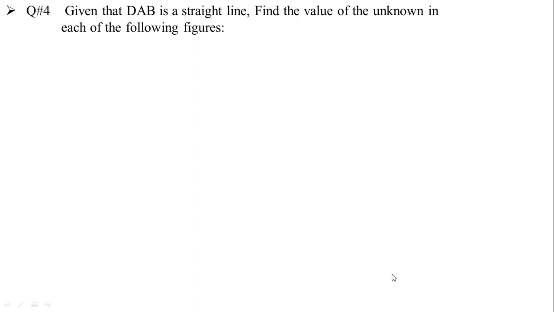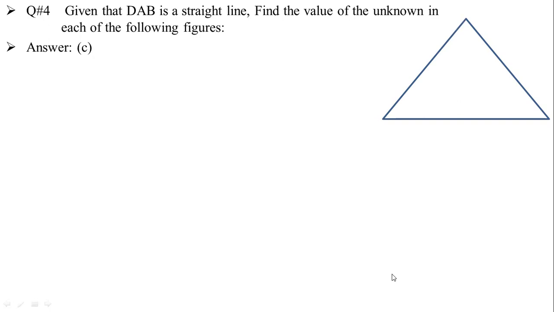Next, the last part of this question, we can see the diagram. In this diagram, ABC is a triangle and DAB is a straight line. The external angle is given as 110, and angle A is the unknown angle. Angle B is given as 3E degrees and angle C is 2E degrees.